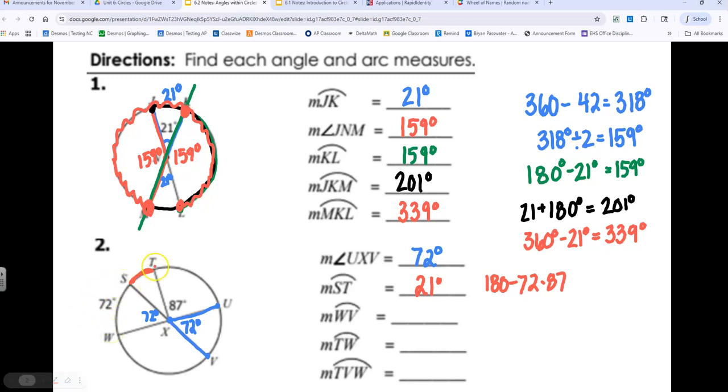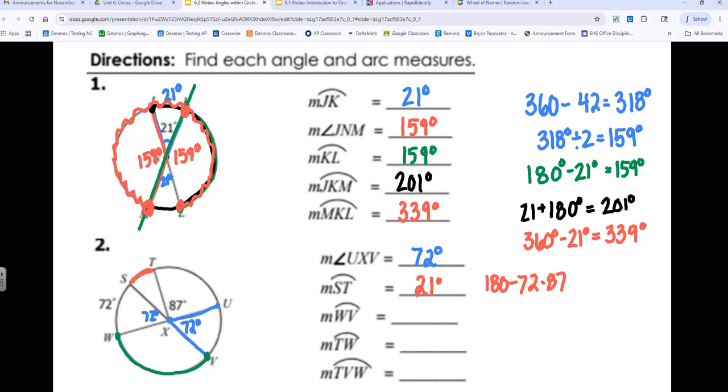So these three arcs right here should add up to 180. So that works beautifully there. All right, then we had to find WV. So WV is all the way from here to here.